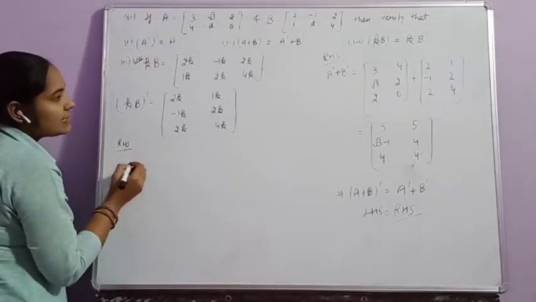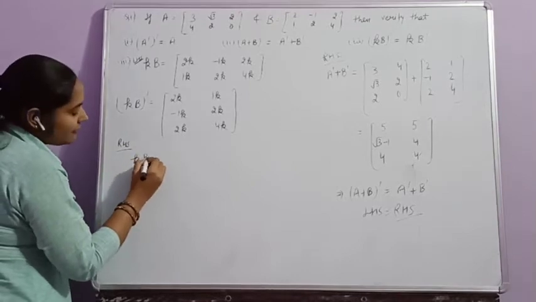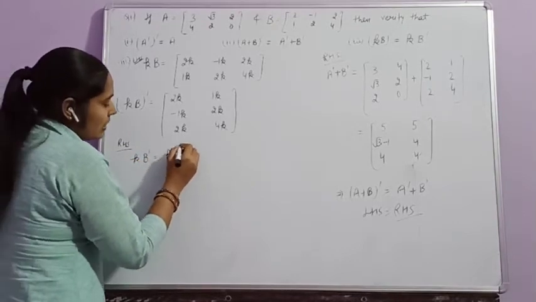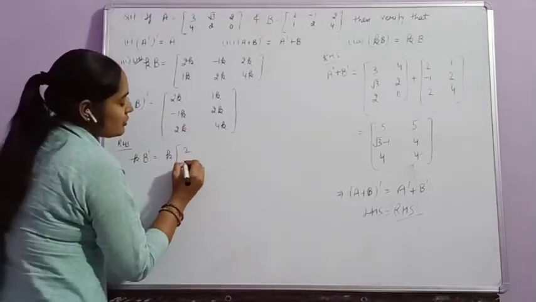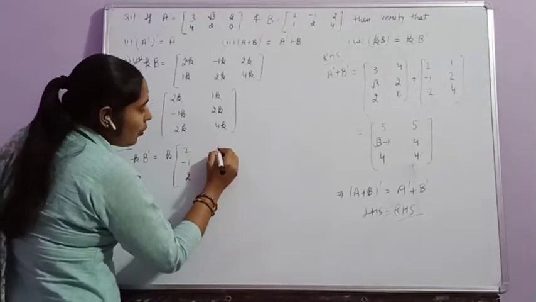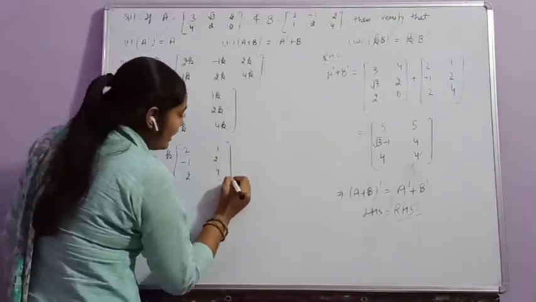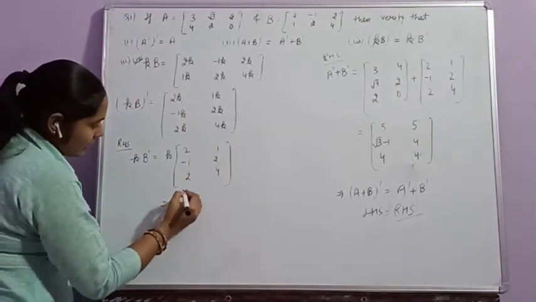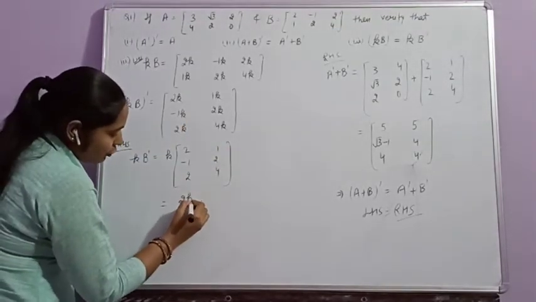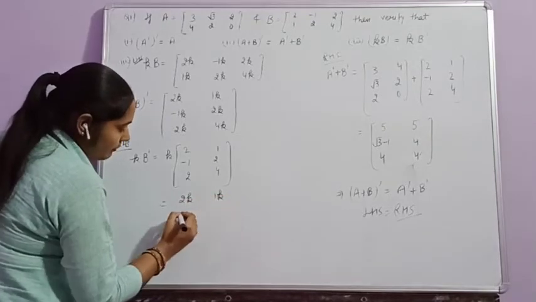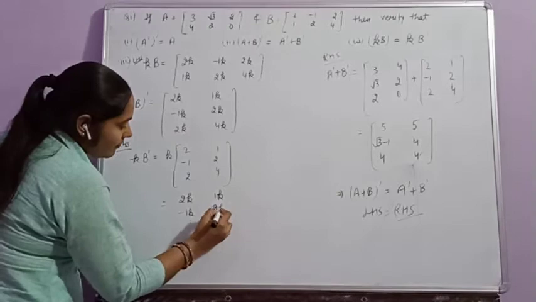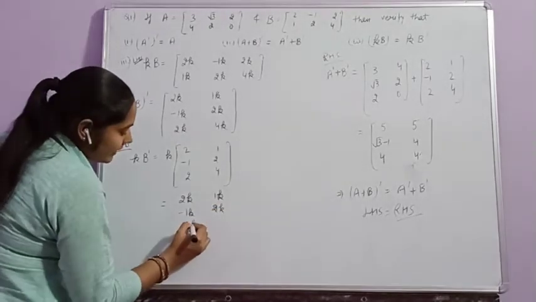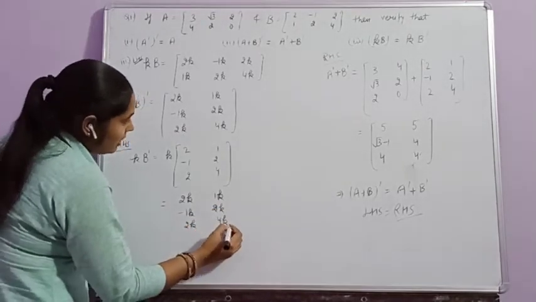Now that was the left hand side, right hand side. In the right hand side we can see that K is multiplied with B transpose. Firstly we have to find B transpose. The transpose of B is [2, -1, 2; 1, 2, 4]. If we multiply K, then it will become 2K, minus 1K, 2K, 1K, 2K and 4K.